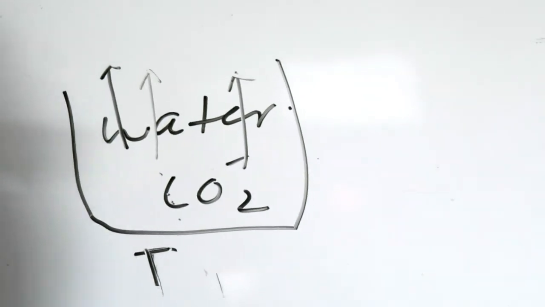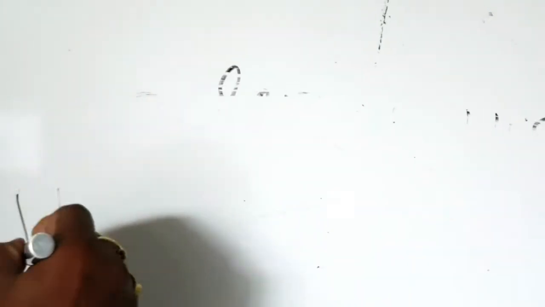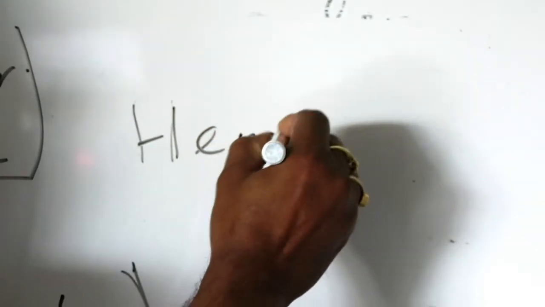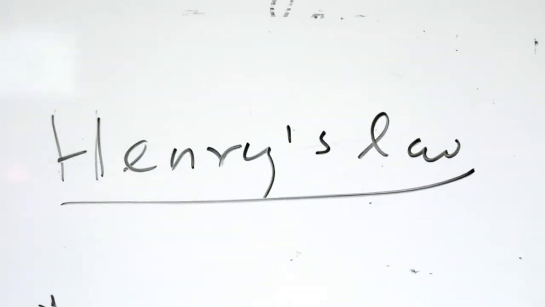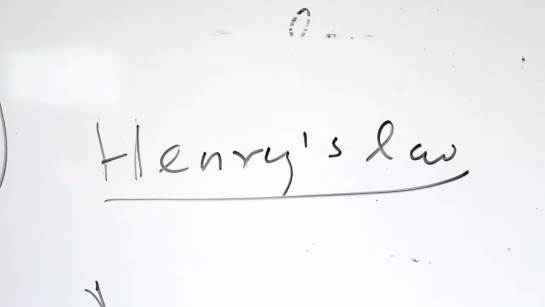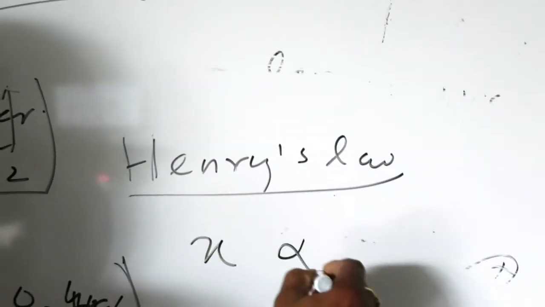So let us consider the effect of pressure, which is given by Henry, and is known as Henry's law. Henry's law states that the amount of gas dissolved in water is directly proportional to applied pressure.